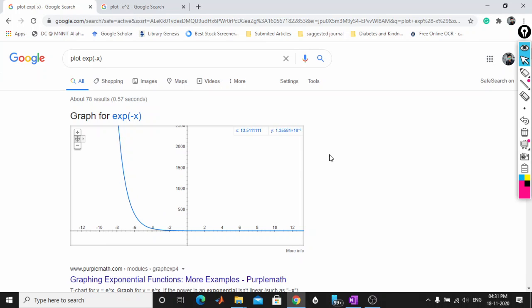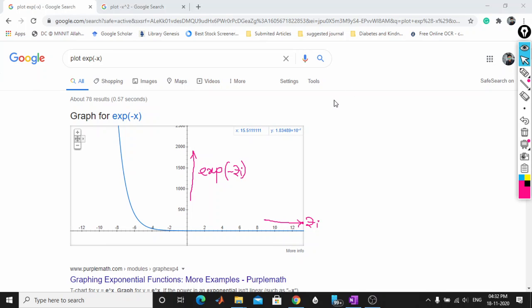This is monotonic. Suppose we call this axis zi, and the dependent axis is exponential of minus zi. This function is monotonic: when we increase the value of zi, the function is reduced. That means it is a monotonically decreasing function.